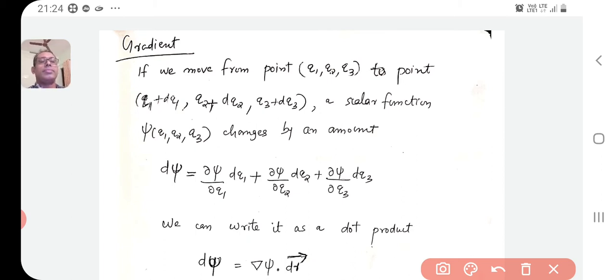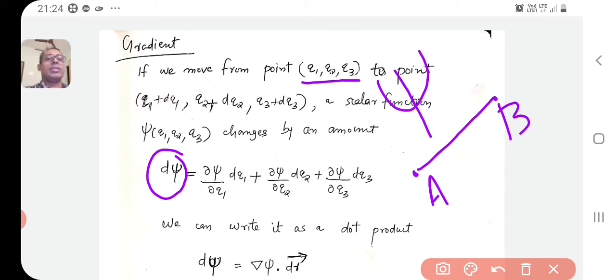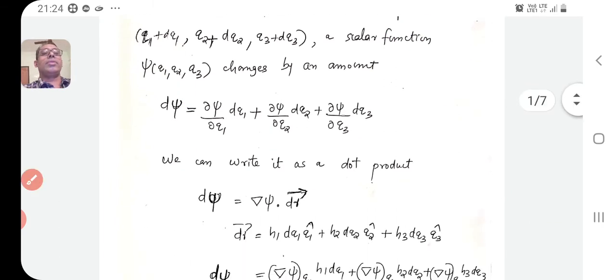The gradient. Suppose we are moving from a point to another point, that is q1, q2, q3, that is this point, to q1 plus dq1, q2 plus dq2, q3 plus dq3, that is another point B. A scalar function defined in this space, which is psi, changes by this d psi, that is equal to dou psi dou q1 dq1, dou psi dou q2 dq2, dou psi dou q3 dq3.